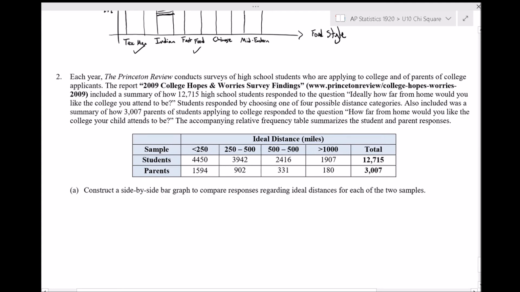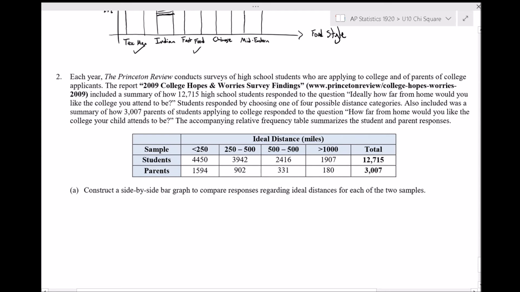The report 2009 College Hopes and Worries Survey Findings, Princeton Review, included a summary of how 12,715 high school students responded to this particular question. Ideally, how far from home would you like the college you attend to be? So students responded by choosing one of the 4 possible distance categories. Also included was a summary of how 3,007 parents of students applying to college responded to the same question.